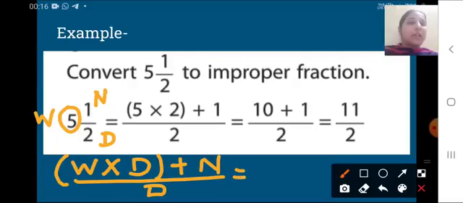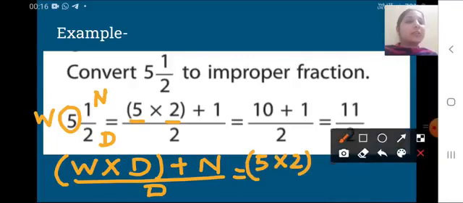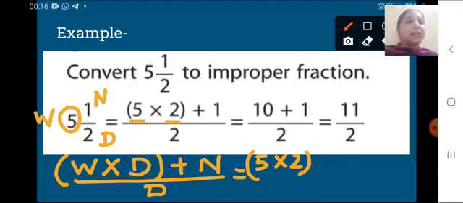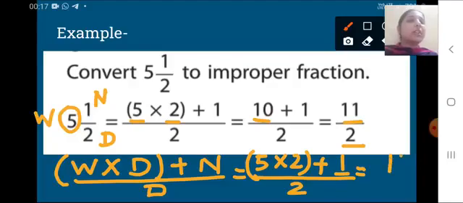The whole number is 5 here, we multiply it by the denominator which is 2 here. So 5 multiplied by 2, and then we add the numerator to it which is 1 here, and then we divide by the denominator. So what will we get? 5 2s are 10 plus this 1. So 10 plus 1 we get 11 upon 2 here.